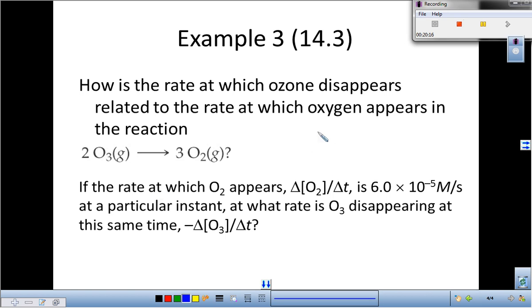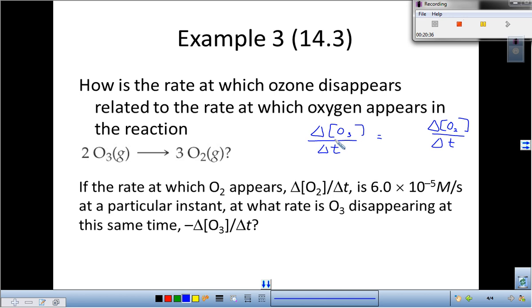So, the rate of the disappearance of O3 over time, how does it relate to the rate of appearance of O2 over time? Well, first, this is a reactant, right? So what does it need?